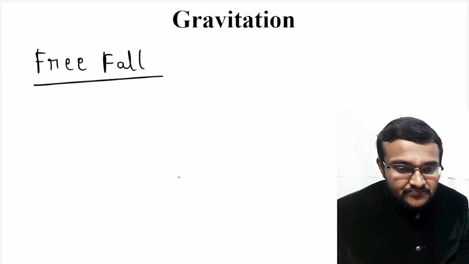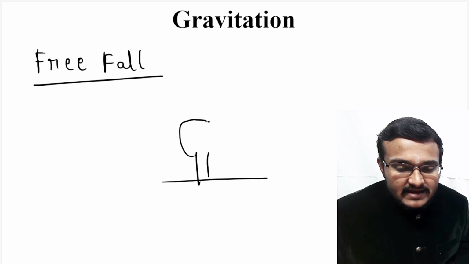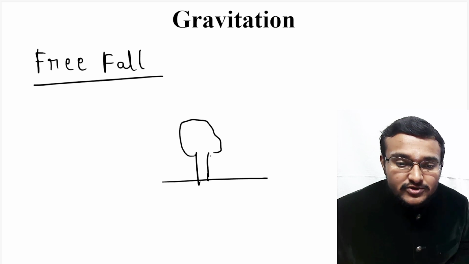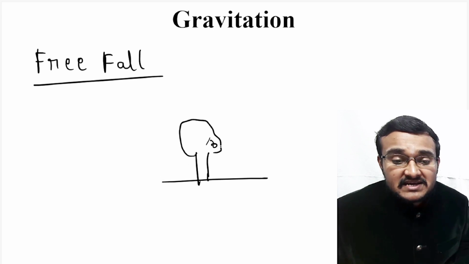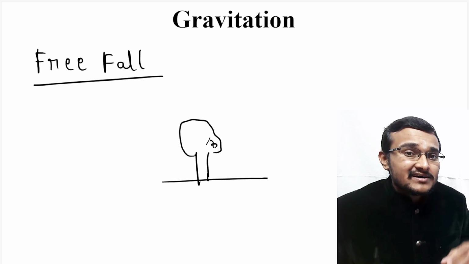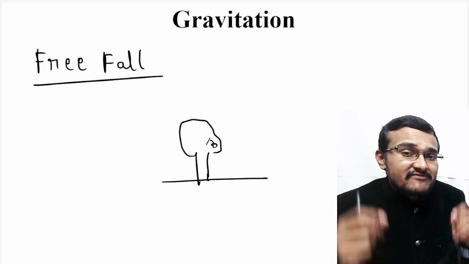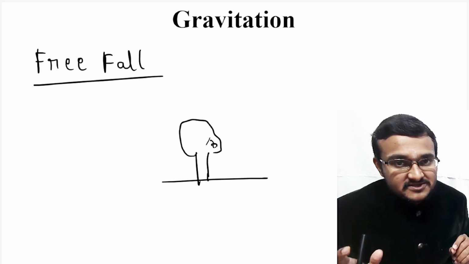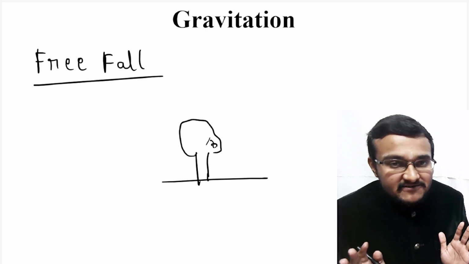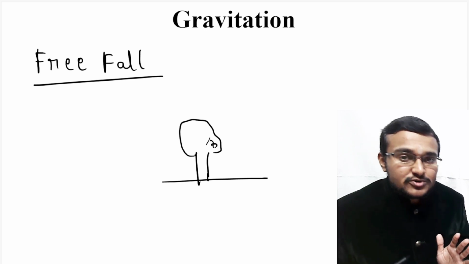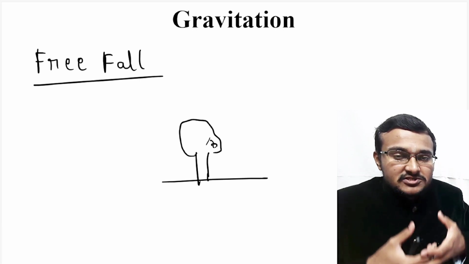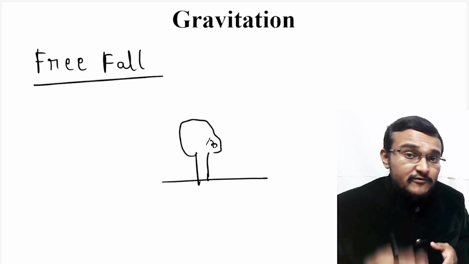So for example, consider the same example where an apple dropped on Newton's head from an apple tree. When this apple was detached from the tree, it had only Earth's gravitational force influencing it. Because of this gravitational force applied by Earth onto the apple, the apple was pulled towards Earth.